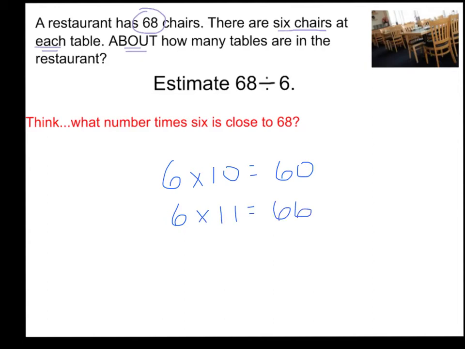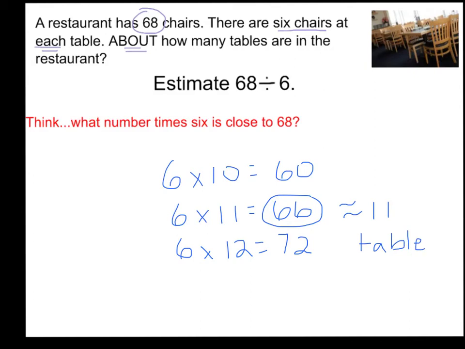That's really close too. And if I add one more group of 6, 6 times 12 equals 72. So 68 is closest to 66. So the best estimate is that there are about 11 tables. And I guess we could just say that there'll be 2 chairs left over, maybe off to the side of the restaurant, and they're not being used at a particular table.